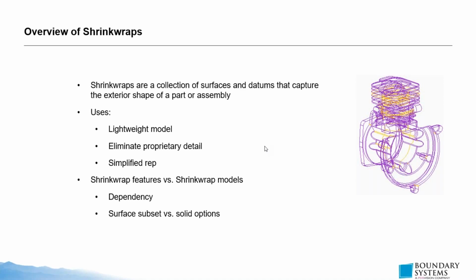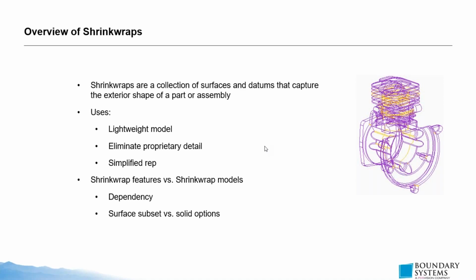The main goal here is to reduce the size of the file, the model that you're working on at any particular time. And you're very easily able to accomplish that with the various settings that Creo gives you.